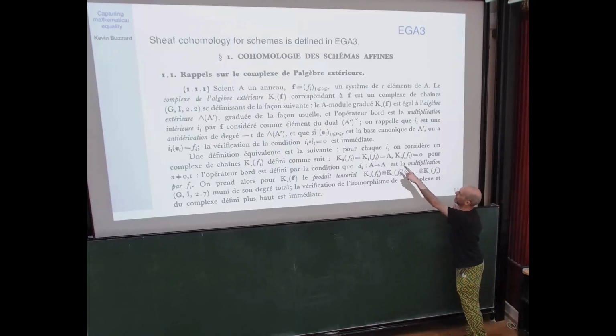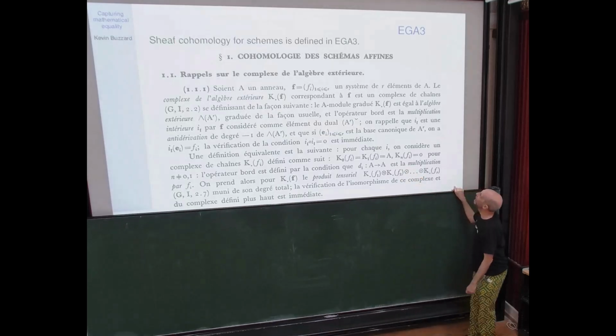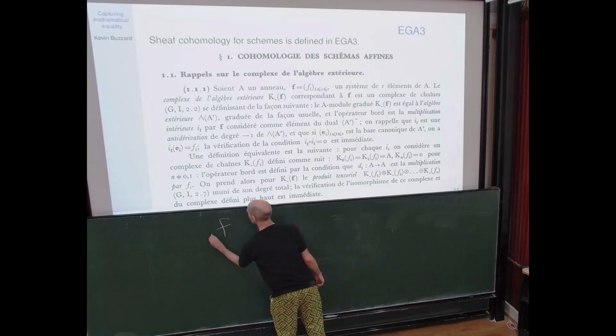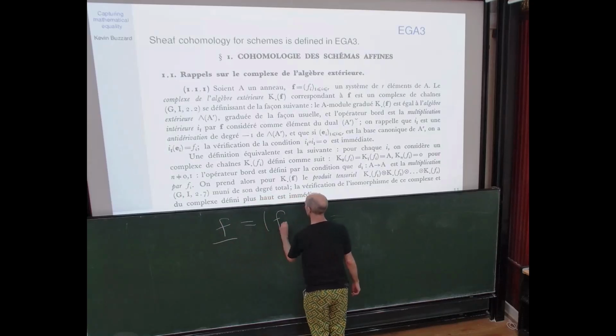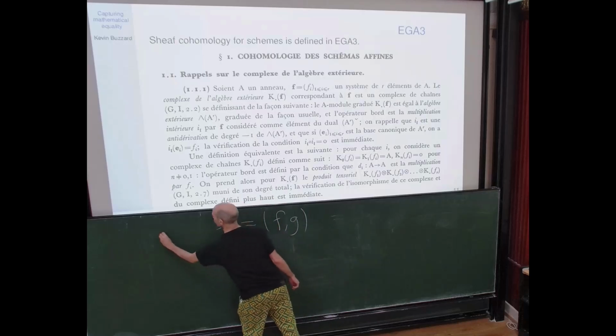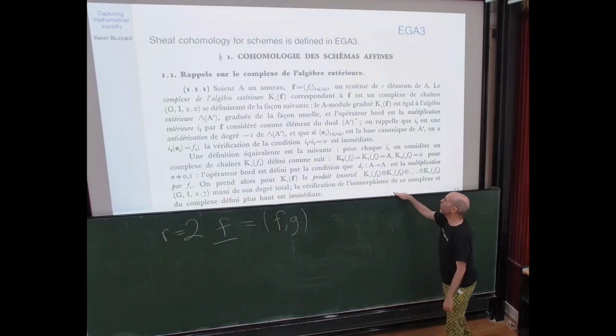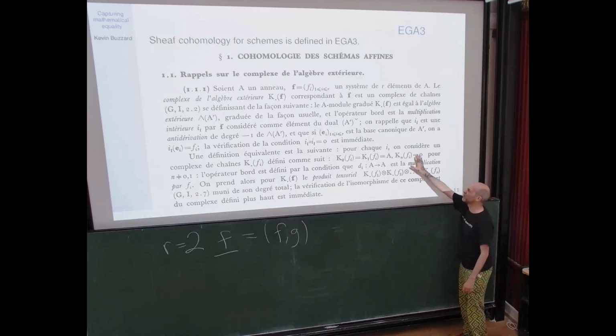So A is a ring, and f is a collection of r elements of A. And so I thought I would do the special case. So let's do two, it's f and g, right? Let's do r equals 2 and try and work out what Grothendieck is saying. Even before we get to cohomology groups of schemes, we're going to do Koszul complexes. Okay?